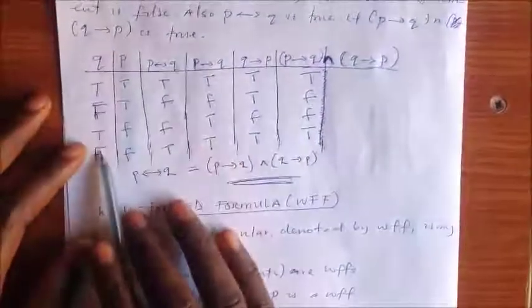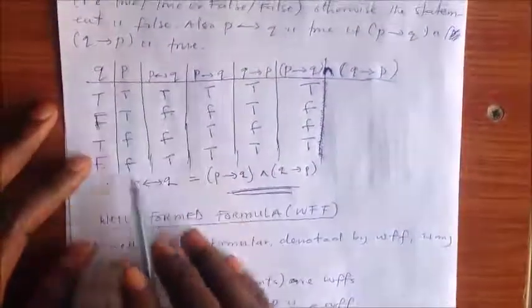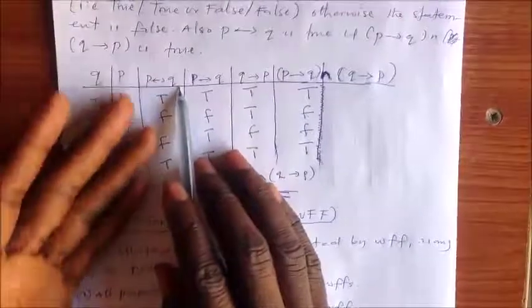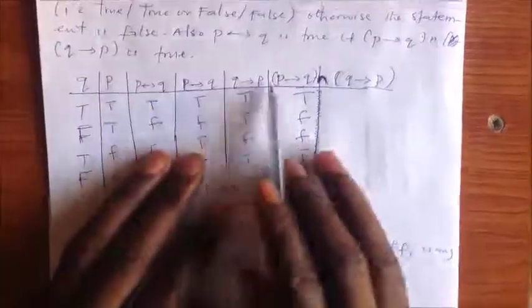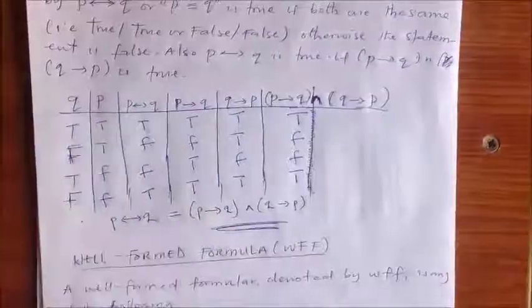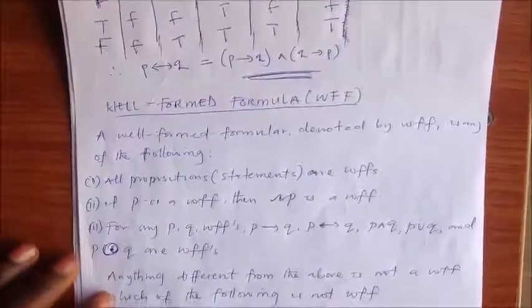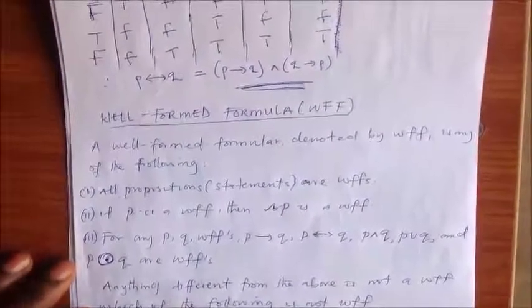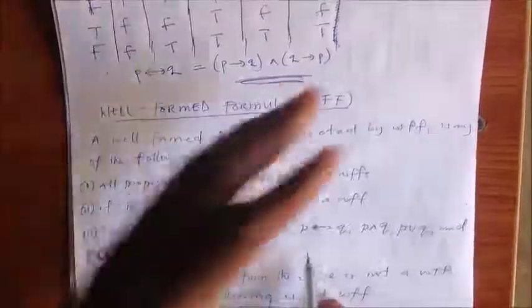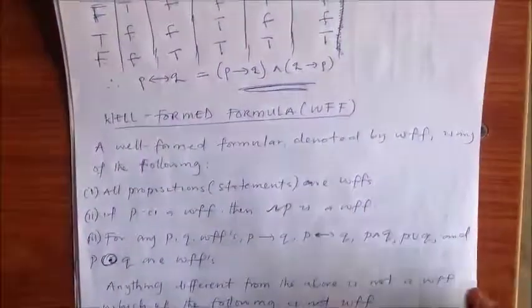P here is a well-formed formula, Q here is a well-formed formula, P if and only if Q is a well-formed formula, and P implies Q is a well-formed formula. They are all well-formed formulas. Anything different from the above is not a well-formed formula.